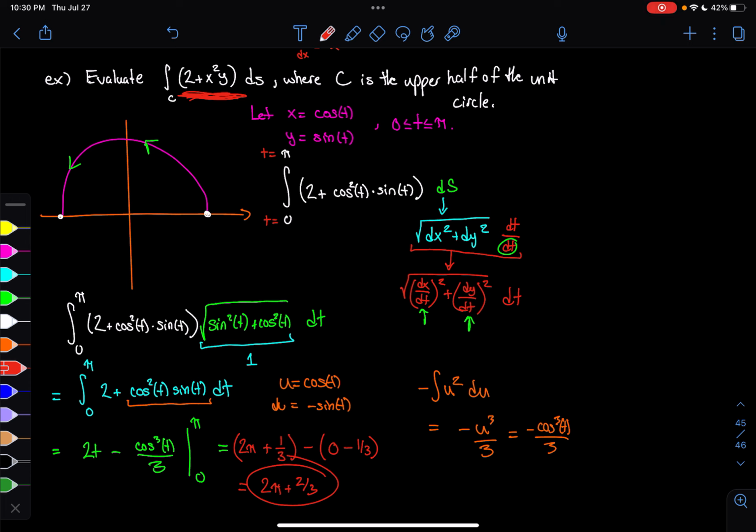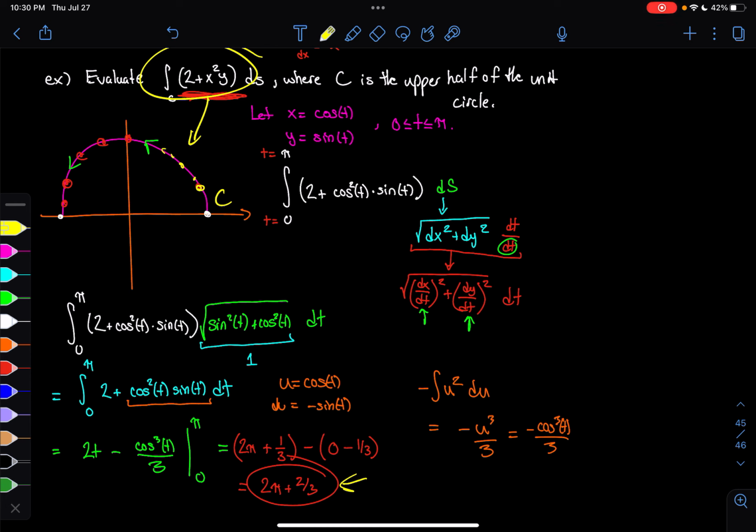If that function is the amount of heat given off, let's say this is a circular wire, maybe on a computer processor board, and it's giving off heat represented by this function at every single point, then this integral over this particular wire, over this path C, represents the total heat given off by this wire, which is useful information to know if you are planning on doing a computer build and you need to know how big of a fan am I going to need to put in here if I'm exerting this much heat from my wire?